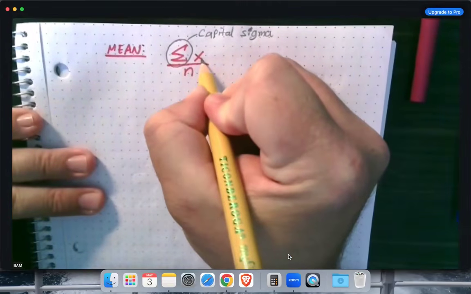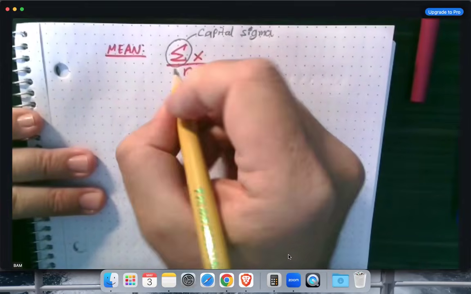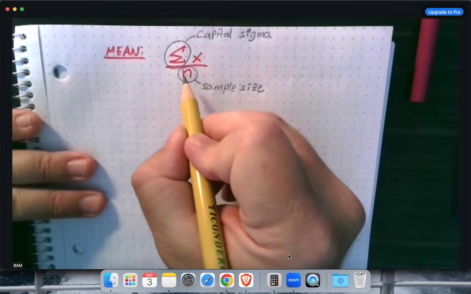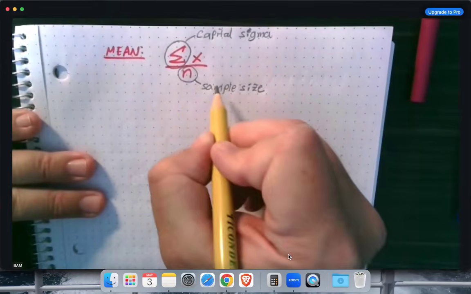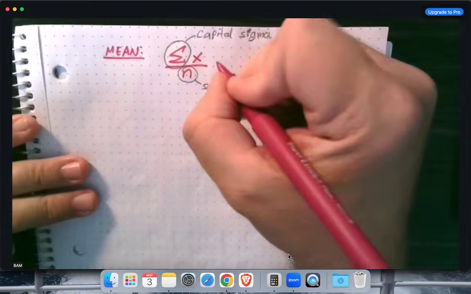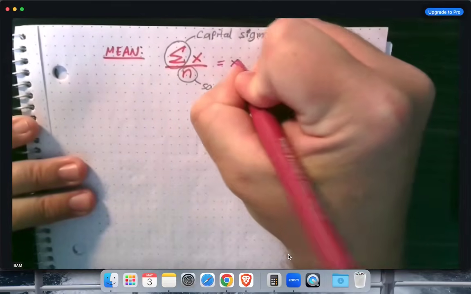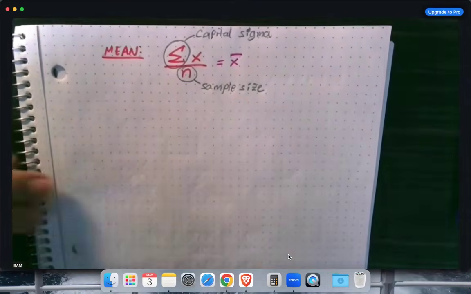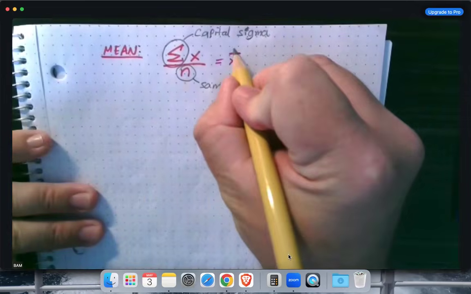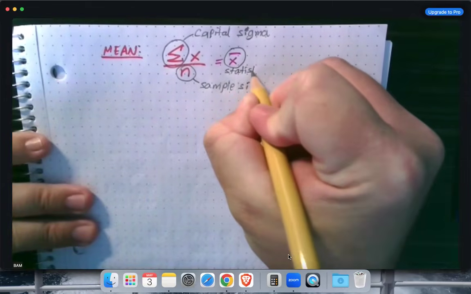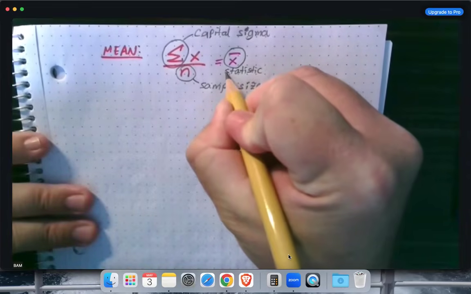X is the data values, N is the sample size. In beginning statistics, we usually use lowercase n for sample size, and all of this equals X bar. And this one is a statistic because it describes a sample.